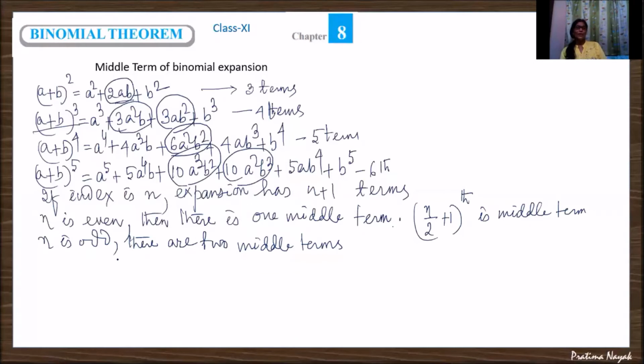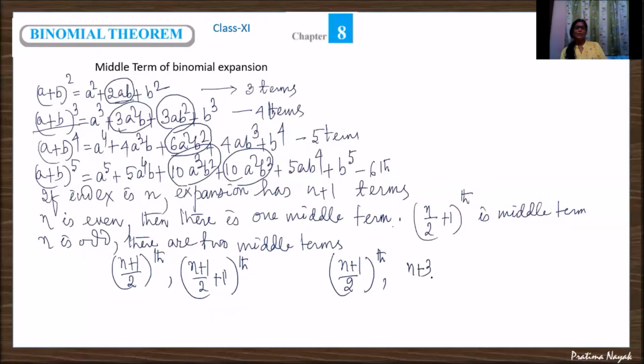So it will be the ((n+1)/2)th term. This is the first middle term. The second middle term is the next term. Either you write (n+1)/2 plus 1, or you can write in this way: one is the ((n+1)/2)th and one is the ((n+3)/2)th. Or just remember the first term, and the next will be the next middle term.